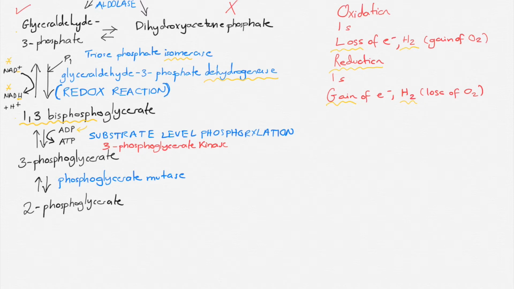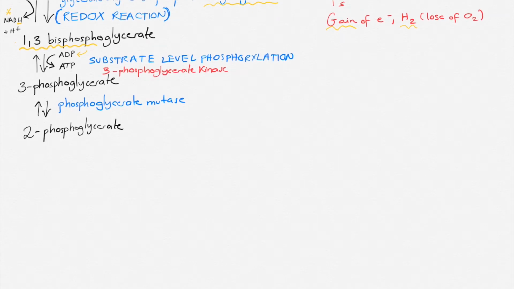Then we're going from 2-phosphoglycerate, and we have another enzyme. Again, there's a ton of enzymes for you to remember, guys. But you will get it, don't worry. Just watch this video over and over again, and hopefully it'll get into your head. This enzyme is called enolase. Enolase is another enzyme, and this time we're removing water. We don't need water, so we remove it out of the system, dehydrating the compound, and that forms a compound known as phosphoenol pyruvate.